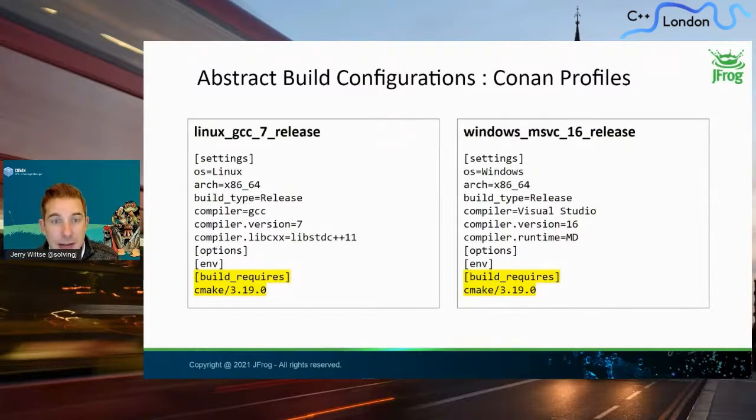So this syntax implies that there is a Conan package which was created previously, which contains CMake 3.19, and Conan will make the CMake executable from that package available via the path environment variable. So you can therefore use build requires as an alternative to installing build tools such as CMake directly in your systems or your CI build servers.